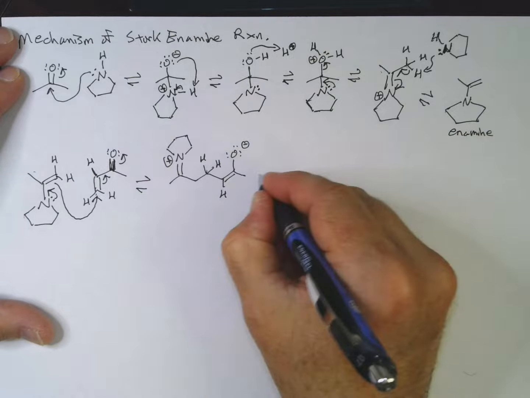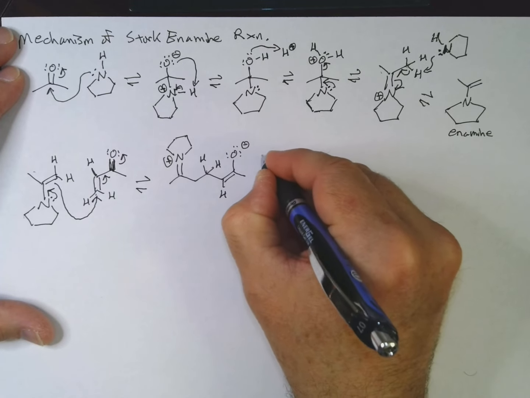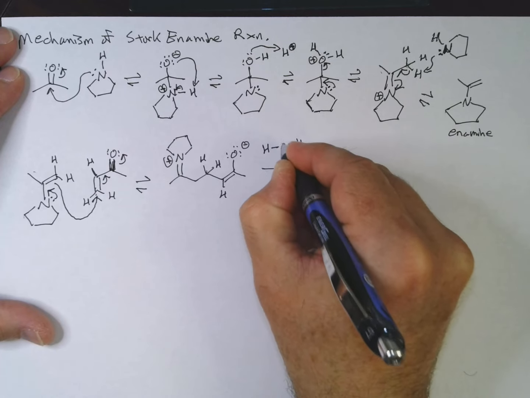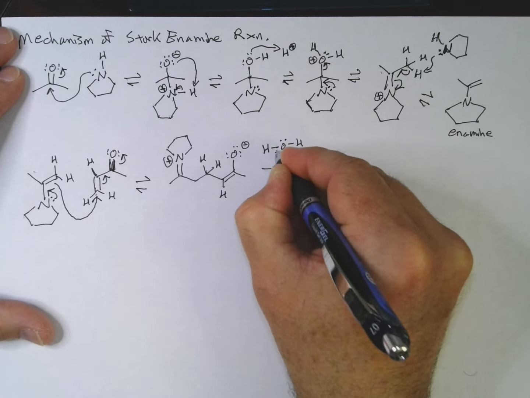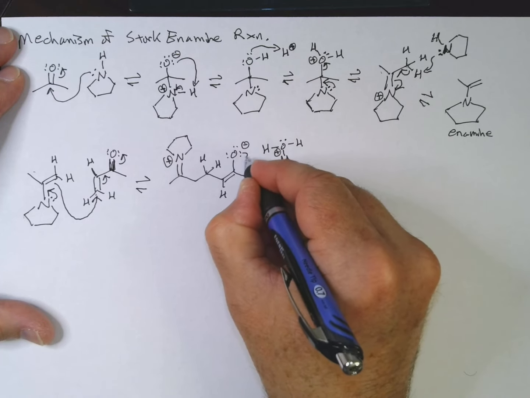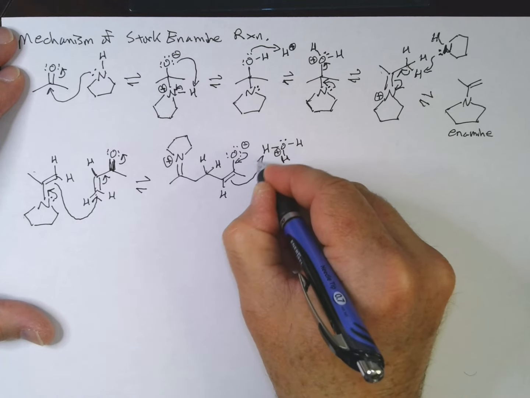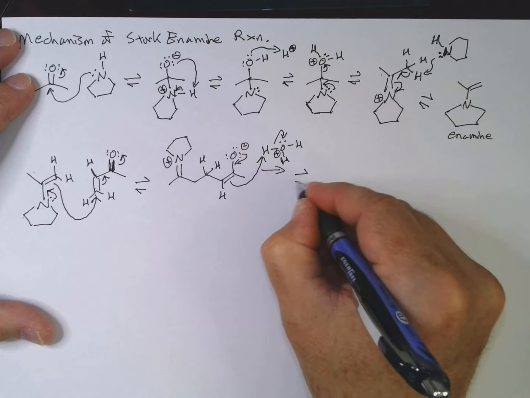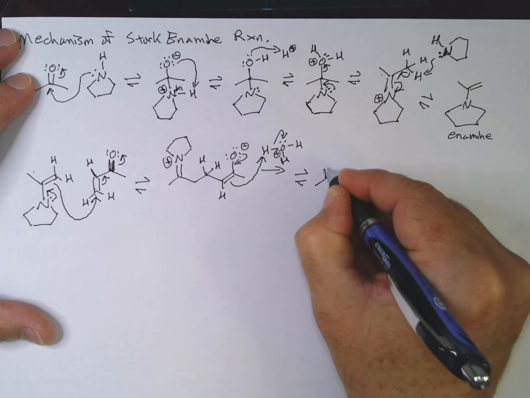Now when I add my acid, my H3O plus, again this is the second step here, I'll go ahead and do a couple of things. The first thing is I'll protonate to get my ketone.